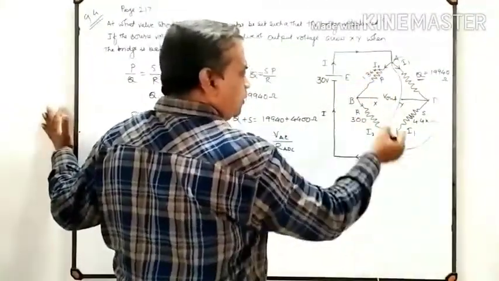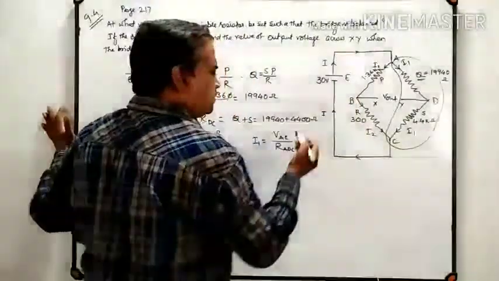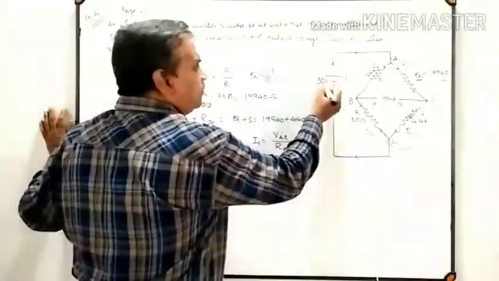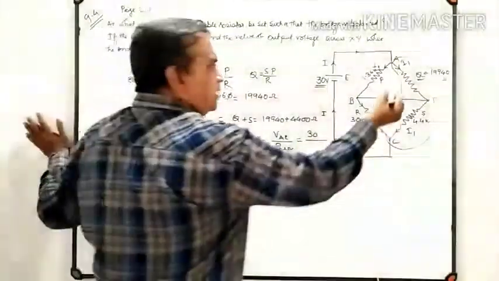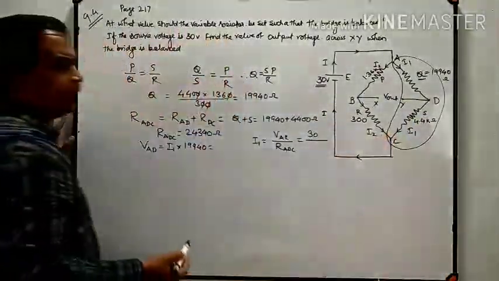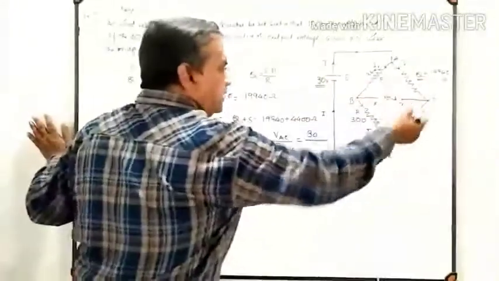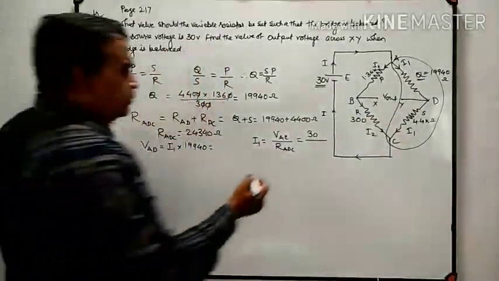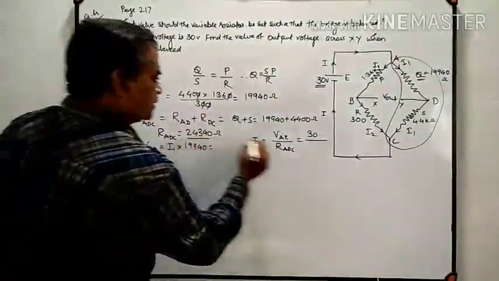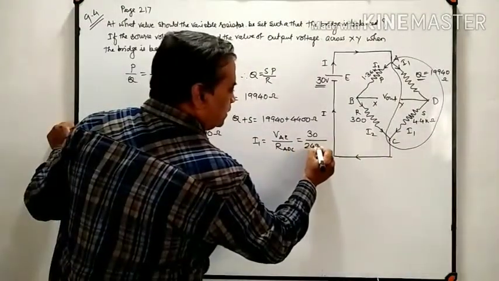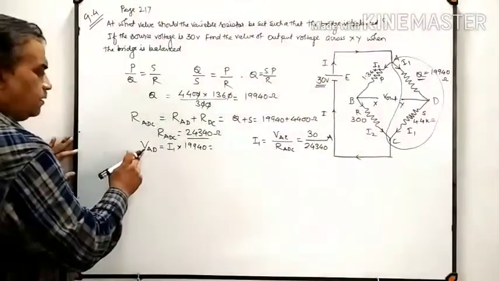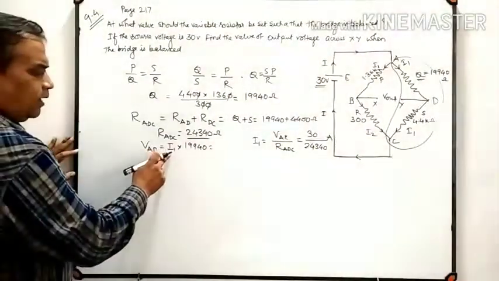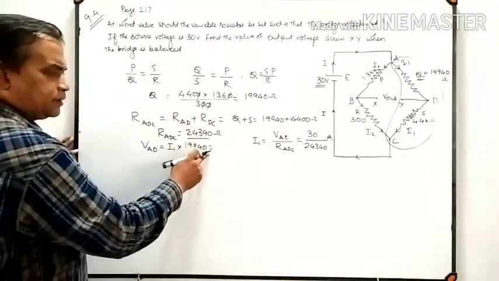A is connected to positive terminal, C is connected to negative terminal, and EMF of cell is 30, so VAC is 30 divided by the effective resistance of branch RADC. It is found to be equal to 24340. 24340, this much ampere. Therefore, VAD, which is equal to I1 into 19940.